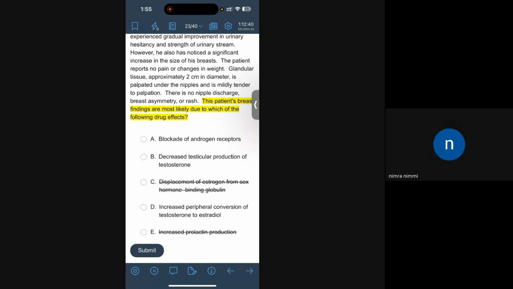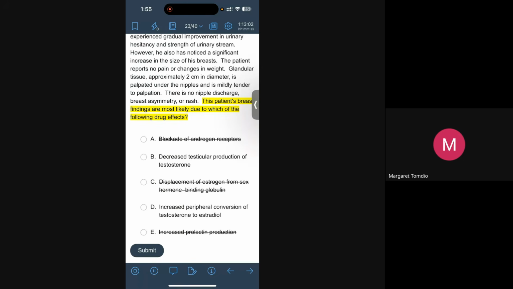No, it blocks the enzyme 5-alpha reductase. Does finasteride block the production of testosterone? It blocks the conversion, not the production. It blocks the conversion of testosterone into dihydrotestosterone.